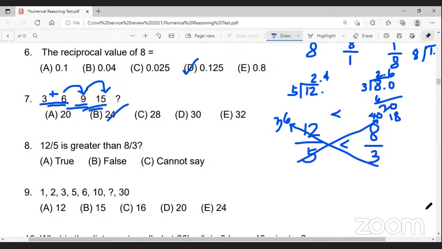Or what is the missing number for that set of numbers? 1, 2, 3, 5, 6, 10, 30. The pattern could not always be from one term to its next term. Possibly, the pattern could be found from the first term to the last term, getting the relationship of the first term to the last term, the second term to the second to the last term, the third term to the third to the last term.